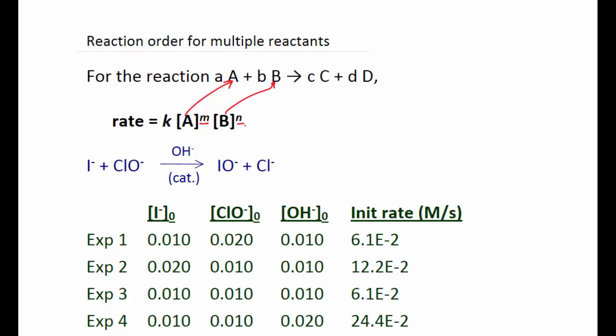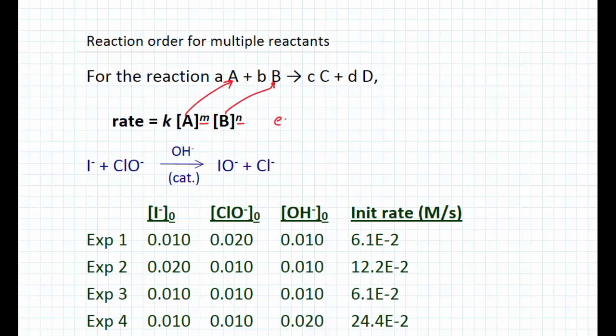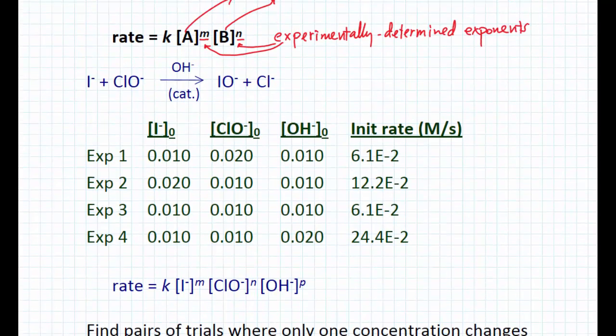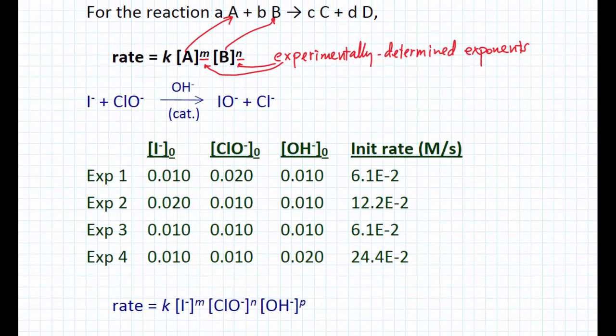M and N are experimentally determined exponents. And this method of initial rates is one way that we can determine them experimentally.